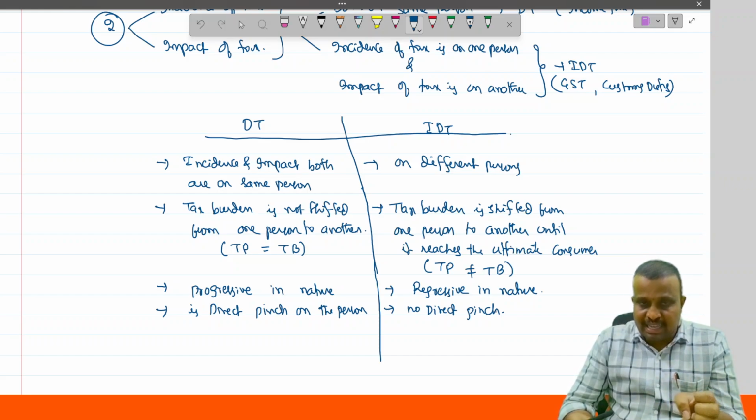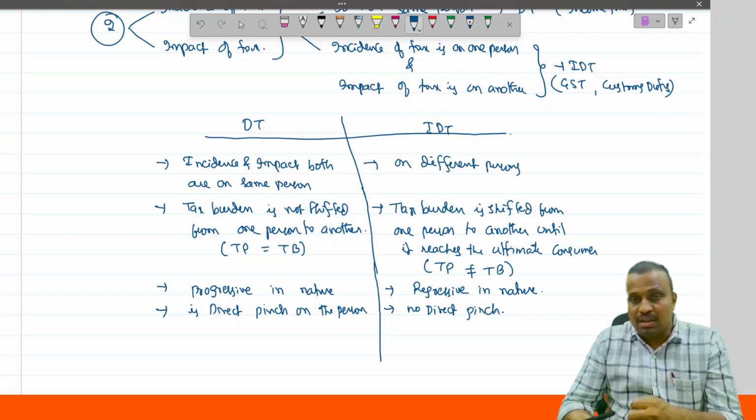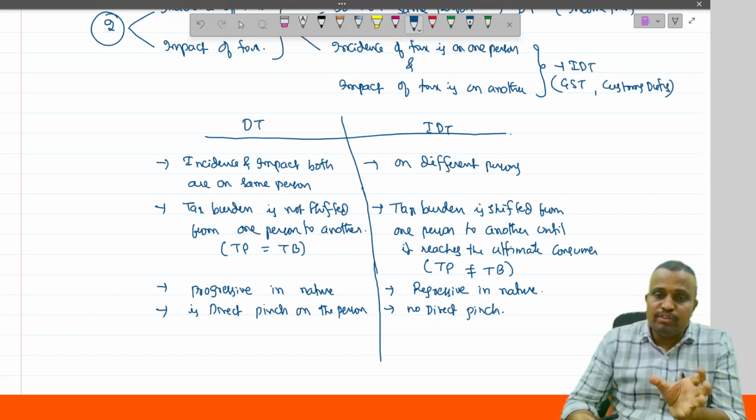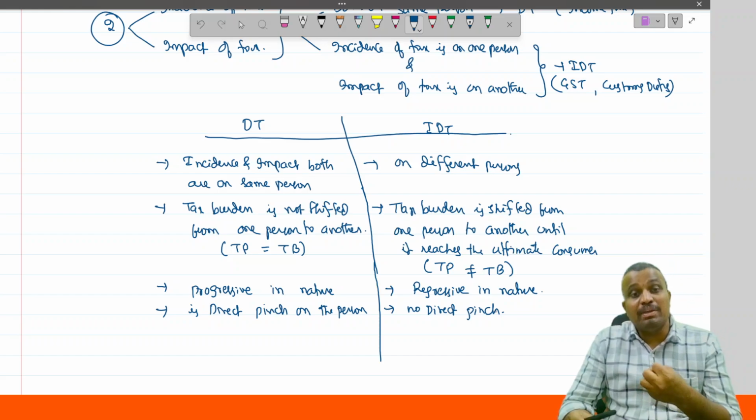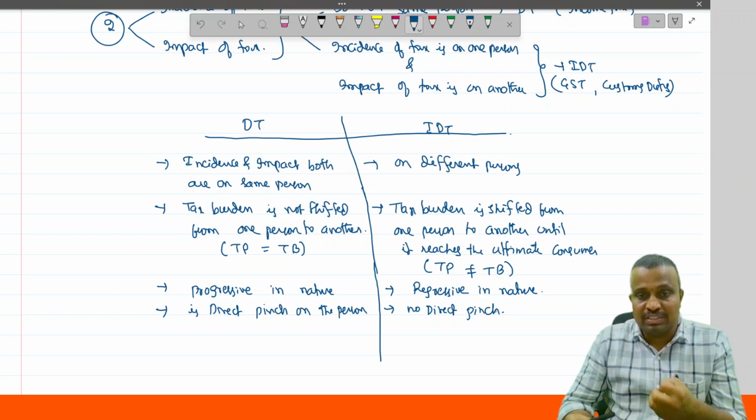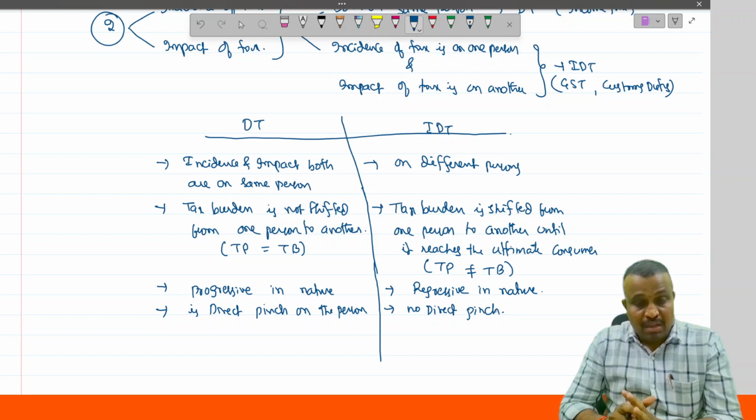But in case of direct tax, every person knows. For example, as my income increases, I know my tax liability also increases. So there is a direct pinch on the person who is earning the income. But in case of indirect tax, only a few persons know the fact that they are paying the tax to the government. A majority of the persons don't know whether they are paying the tax or not.